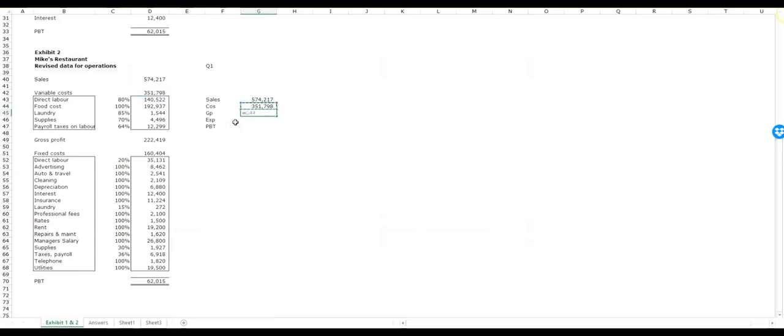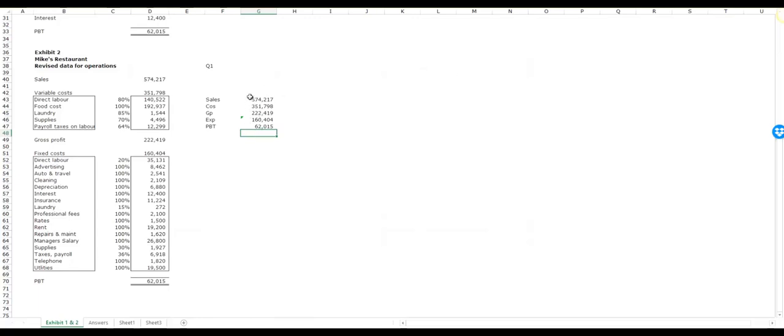So this will obviously be sales minus cost of sales. Should match that number there. That's good news. The expenses are 160,404, and therefore my profit before tax will be the gross profit minus the expenses. Alright, so I've taken the full income statement and I've consolidated that into my grid.